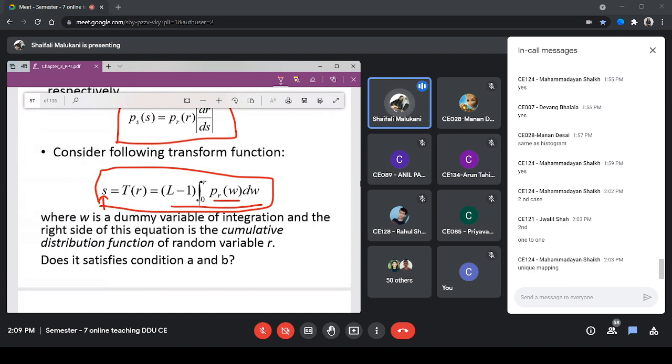W is a dummy variable, right? PR of K, DK, that is okay. This is just a variable. So W, X, Z, whatever you want to use. What does PR indicate?